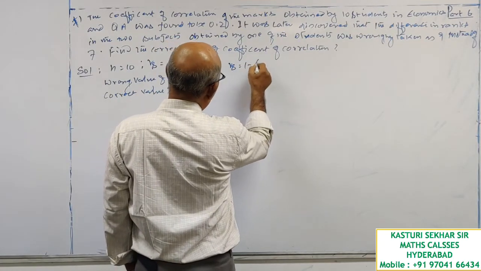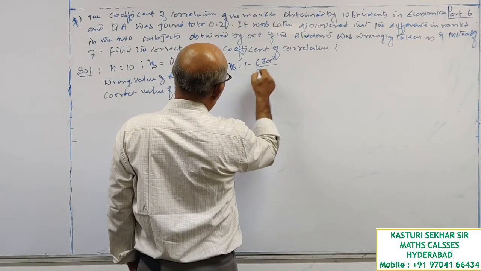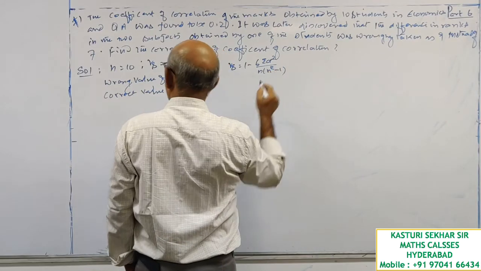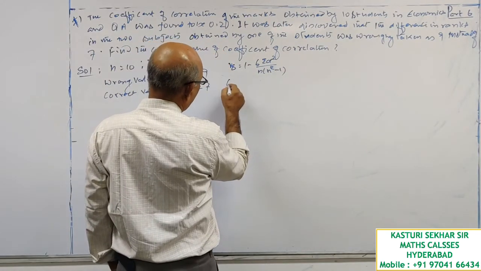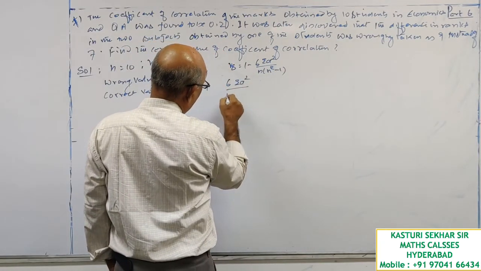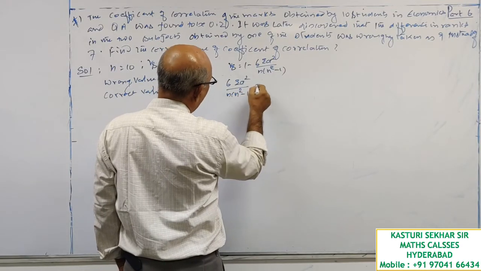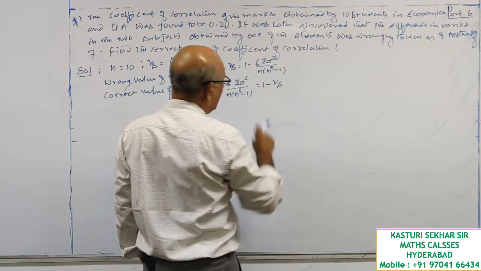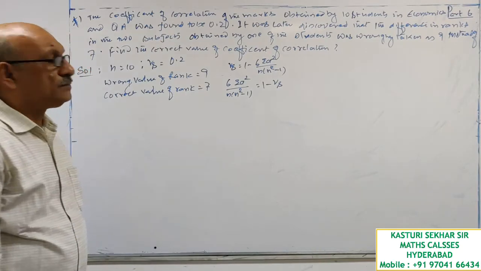RS is equal to 1 minus 6 into summation of d square by n into n square minus 1. So 6 into summation of d square by n into n square minus 1 is 1 minus RS.